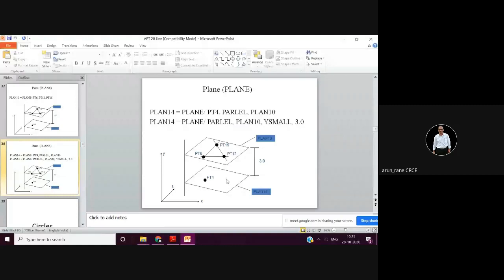If I say 3, it can be here or it can be up also. So which is the smaller distance? Suppose I am talking about this x0 y0 z0, if this is my 0 point, then obviously the smaller side is this and the larger side is this. So definitely this plane 14 will be defined over here and not here. That's why you need to define this small.